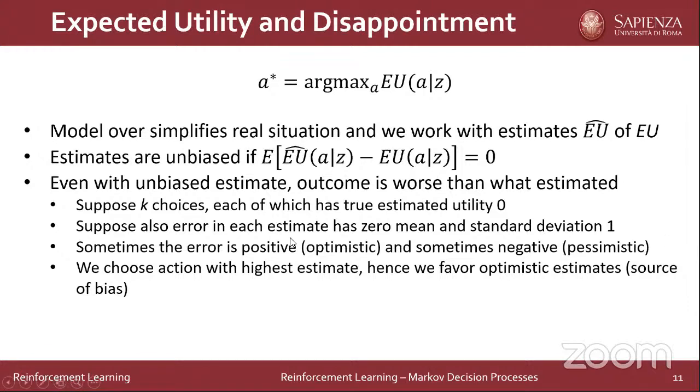So we can look at one example where, even if you have an unbiased estimate, your outcome might be worse than what you would get if you had the true estimate, because we're saying that to be unbiased, the difference needs to be zero in expectation.